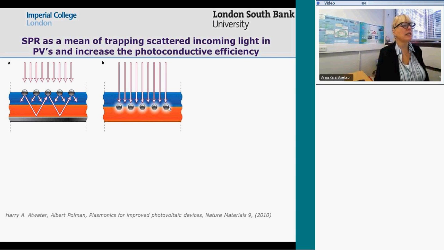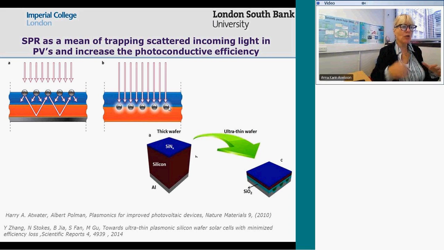Since then, over the last four years, many research groups have looked into thinning solar cells, in particular silicon, because crystalline silicon is highly efficient and relatively cheap. Because of the high efficiency found in crystalline silicon, it is very attractive to thin it down and use smart architecture.